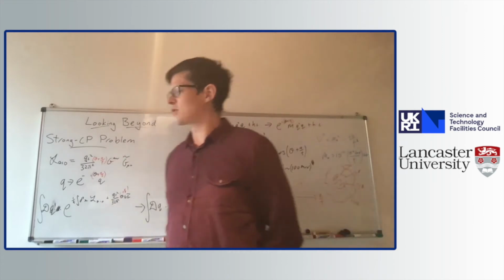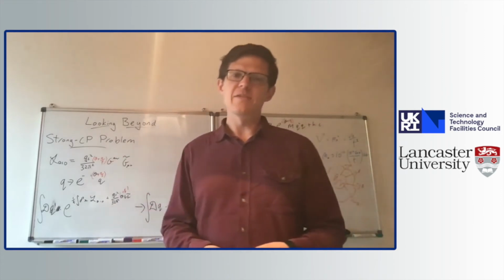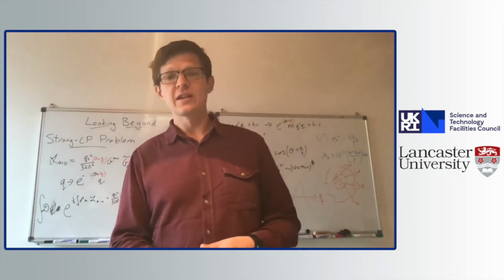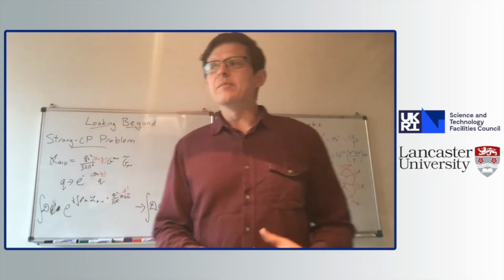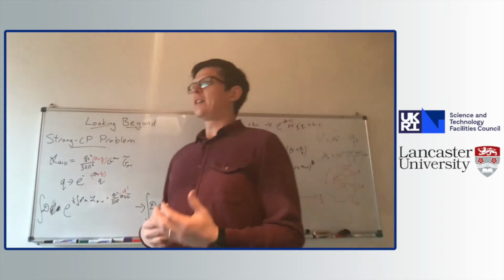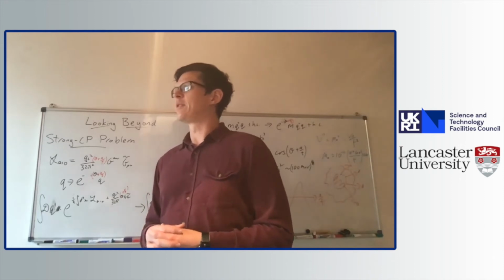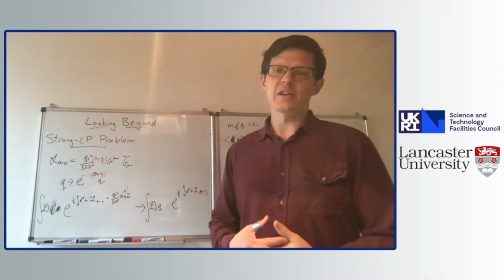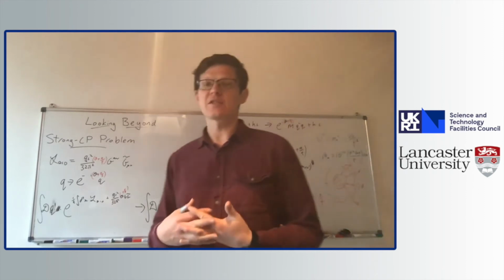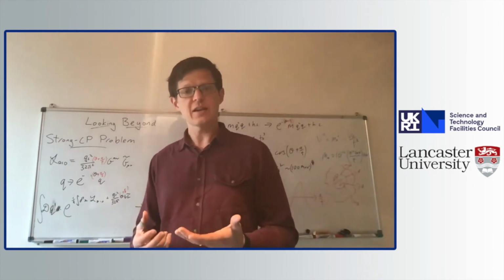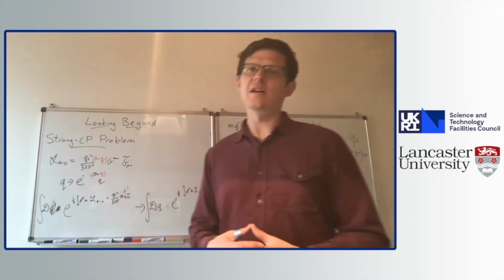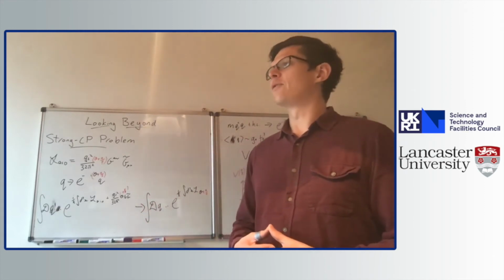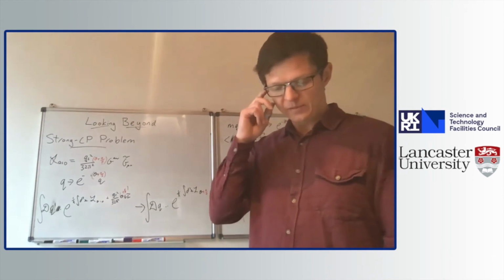And the strong CP problem is a driving problem in particle physics. Indeed, it has really had a bit of a renaissance in recent years. More and more theorists are thinking about it, and more experimentalists are thinking about new experiments to search for the axion. There's really been a wealth of developments on the experimental front in recent years.